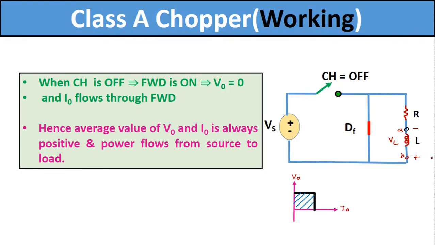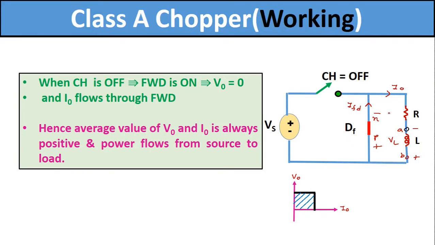Because of this induced voltage across the inductor, what happens? The P side of the freewheeling diode becomes positive and the N side of the freewheeling diode becomes negative. So this freewheeling diode starts conducting the current and it will act as a short circuit. The freewheeling diode current is taken as IFD and the load current is taken as I0.